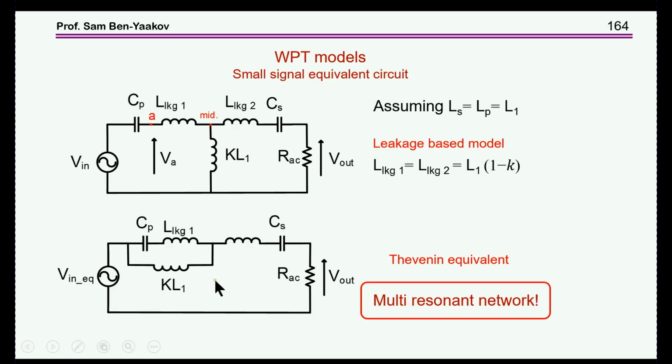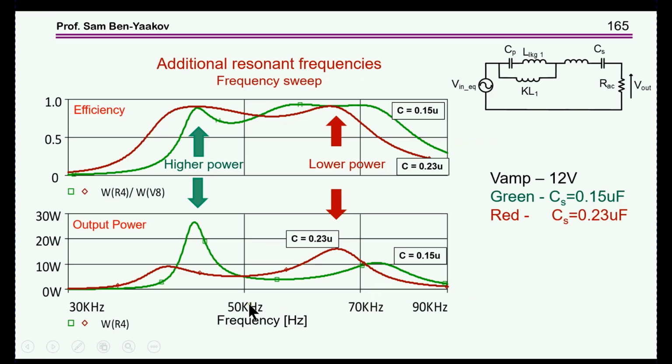So there are many resonances here, not just the one that is classically used. And here is an example. By changing this capacitor, I can reach two resonants. Each of them could have a high efficiency and high power.